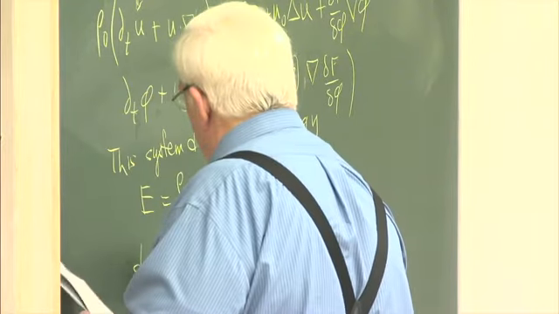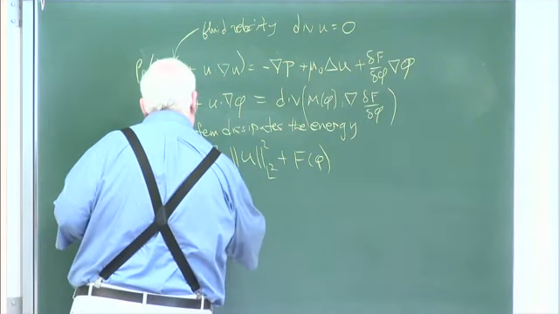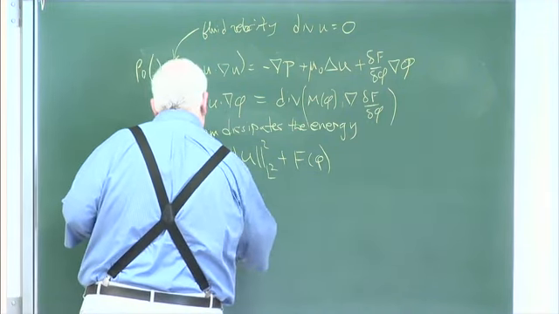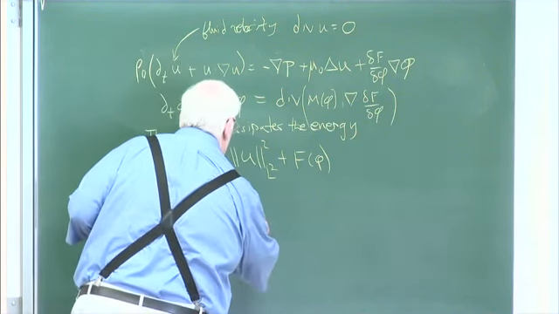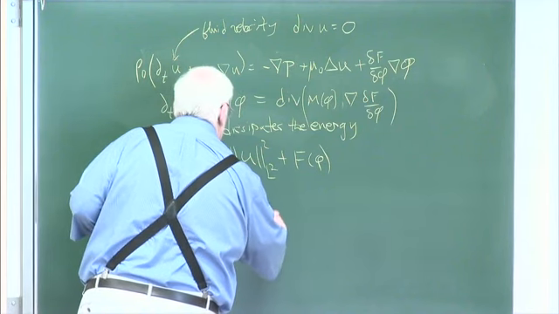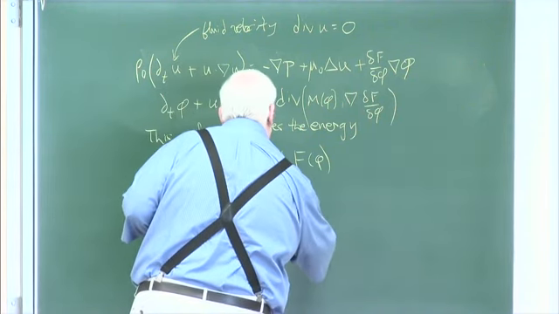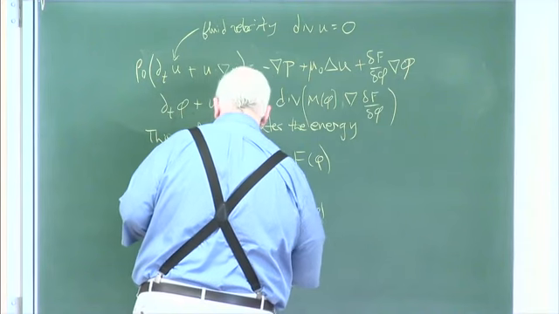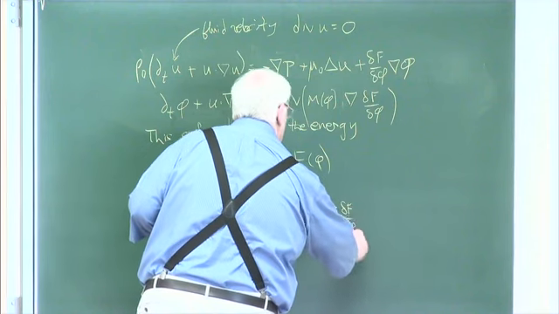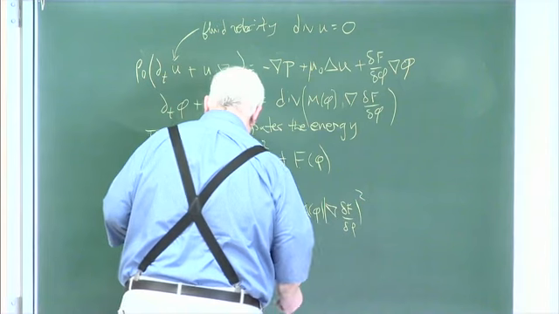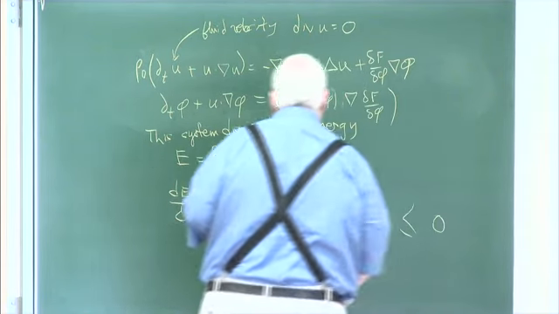And if you compute dE/dt, you get this is equal to minus the integral of mu 0 grad u mod squared plus m of phi grad delta F delta phi mod squared dx, which is less than or equal to 0.